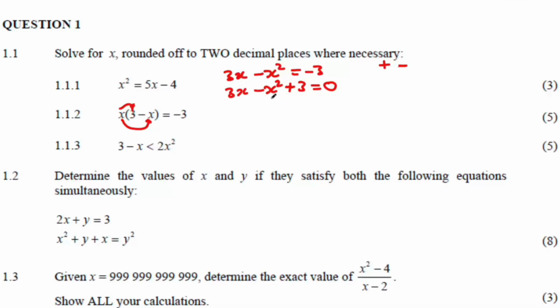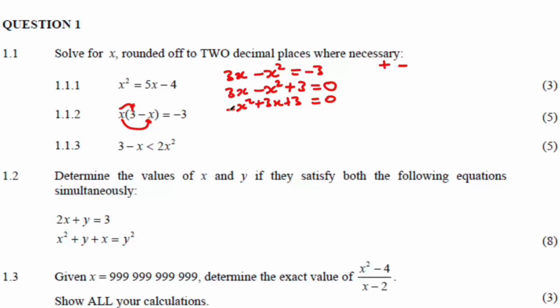So we'll rearrange them and say minus x squared plus 3x plus 3 equals 0. We can also make it a bit better by removing this negative, because it's good to deal with positives in most cases.